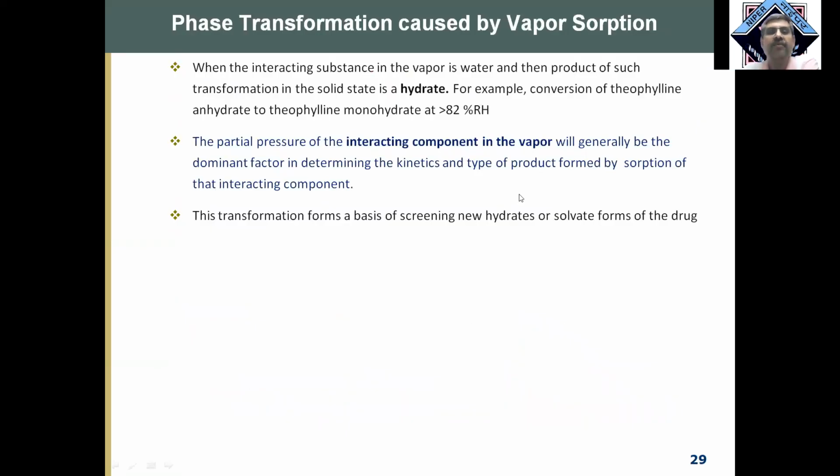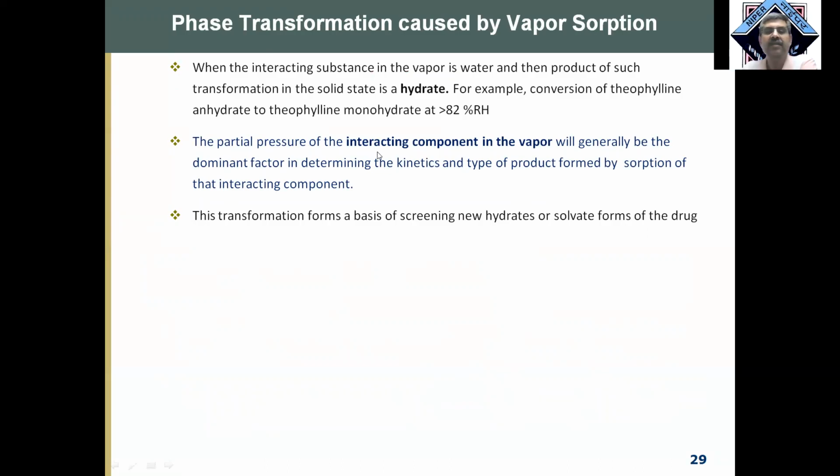The last type of phase transformations are phase transformations caused by vapor sorption. When the substance in the vapor interacting is water, then the product of such transformation of the solid state is a hydrate. For example, conversion of theophylline anhydrate to theophylline monohydrate at a relative humidity of greater than 82%.